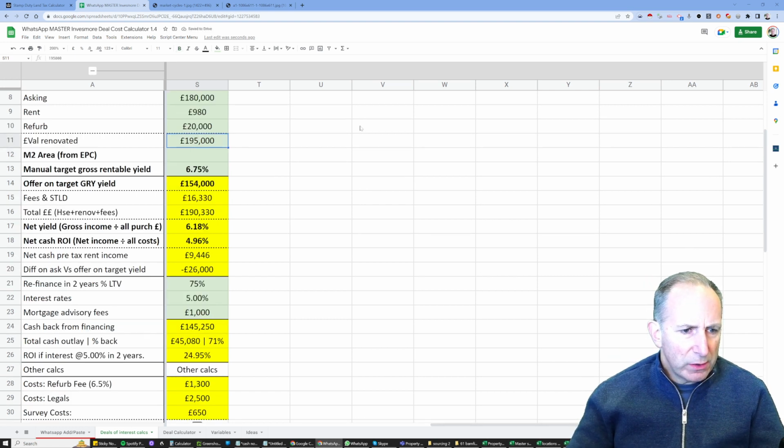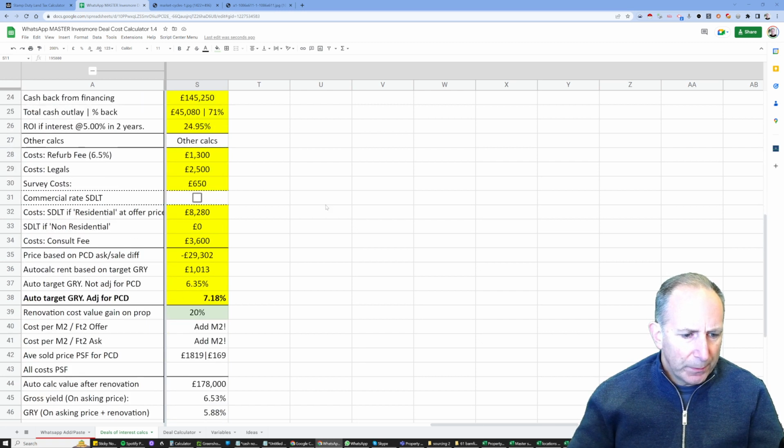And that's factoring in high levels of inflation, small degree of property price growth over time.